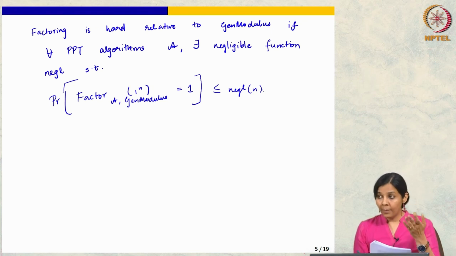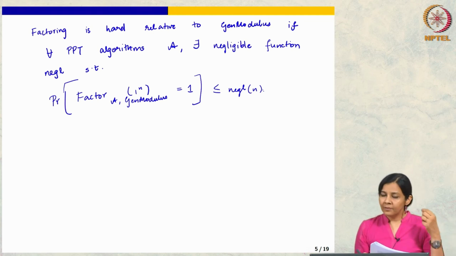Remember that negligible means it is decreasing faster than 1 over super poly. The simplest example is 1 over 2 to the n.